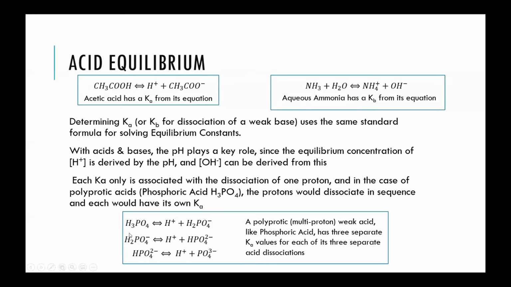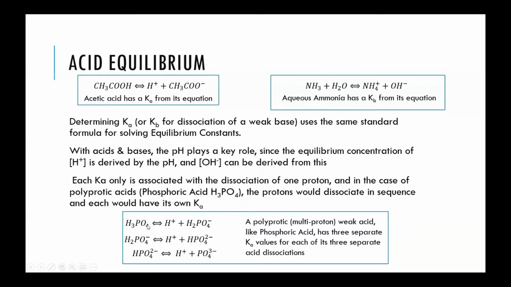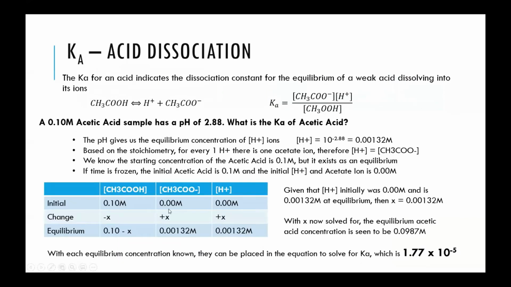Overall, the reaction is that the phosphoric acid is in equilibrium with 3 protons and a phosphate ion, but it happens sequentially and not all of them come off at once. So you need to know the balanced chemical equation, and typically it's all 1-to-1 for each of these Ka and Kb dissociation constants.